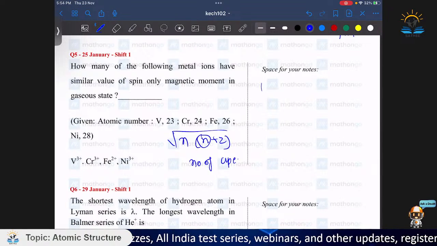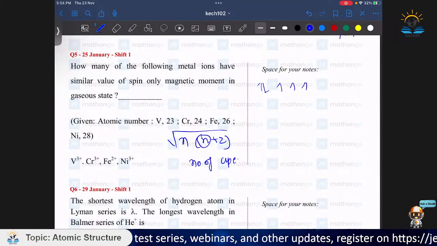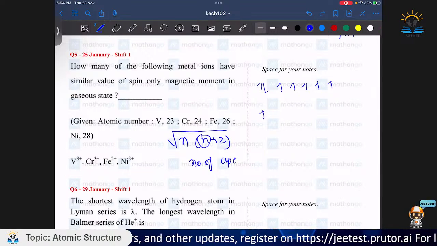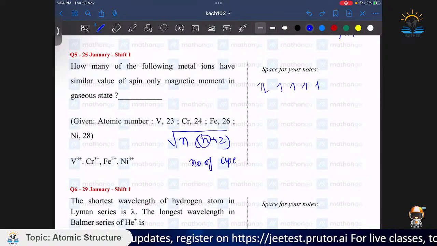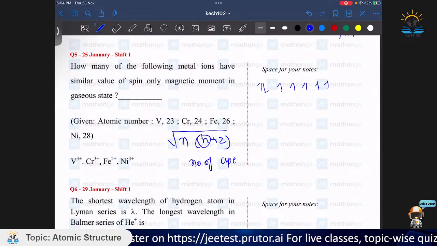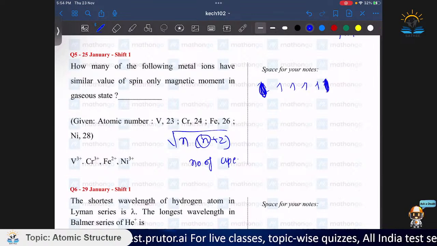So scandium, titanium, vanadium, chromium, manganese. For chromium plus 3, chromium is like all of this is filled and you remove 3 electrons. So you remove 1 from here, one from here, one from here.